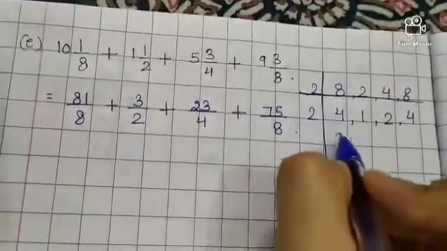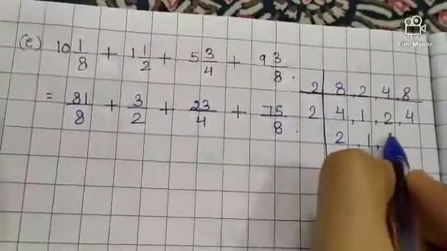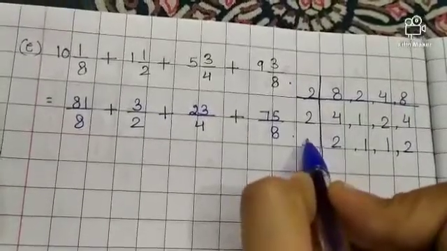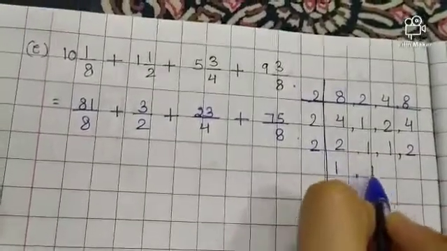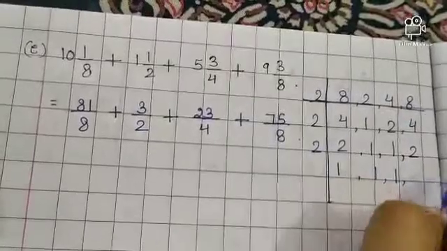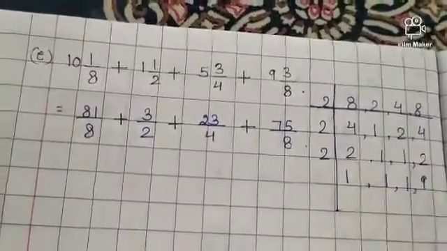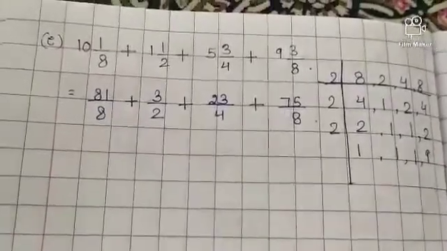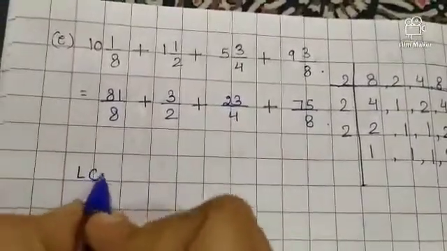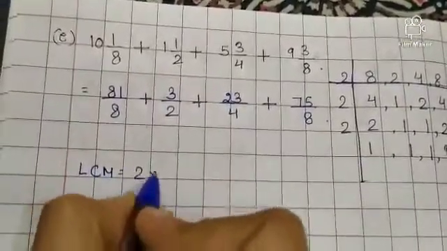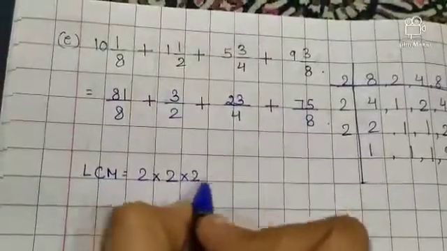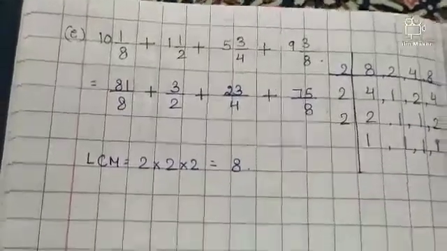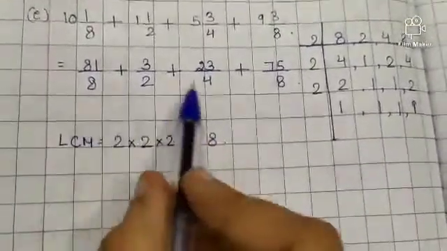Again 2 2s are 4, 1 as it is, 2 1s are 2, 2 2s are 4. Again 2 1s are 2, 1 and 1. So LCM is equal to 2 into 2 into 2, 2 2s are 4 and 4 2s are 8. So now what will we make everyone's denominator?